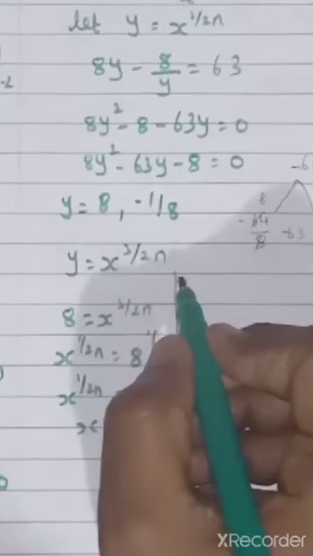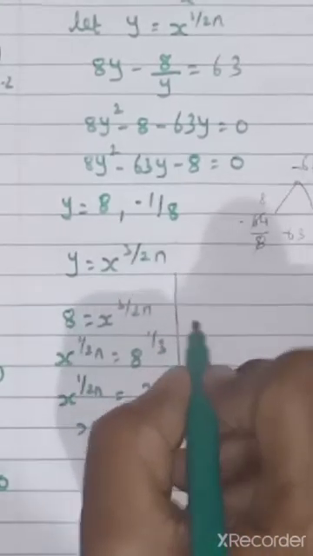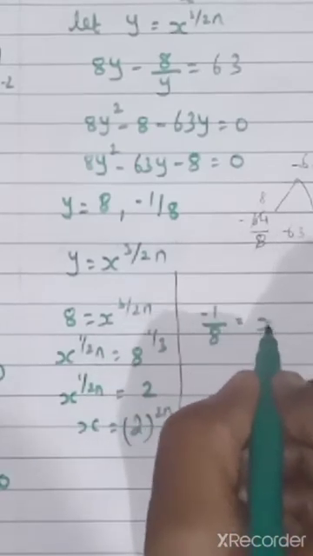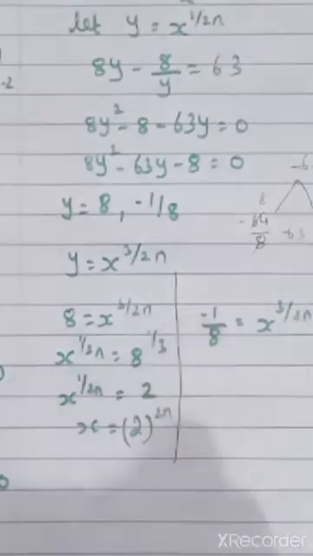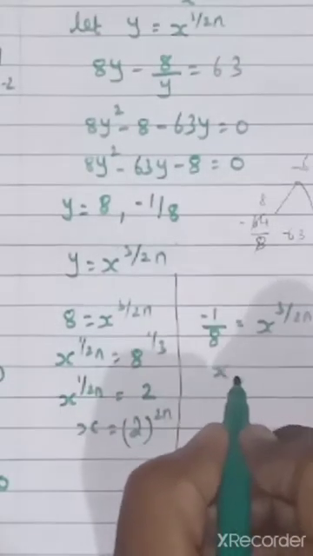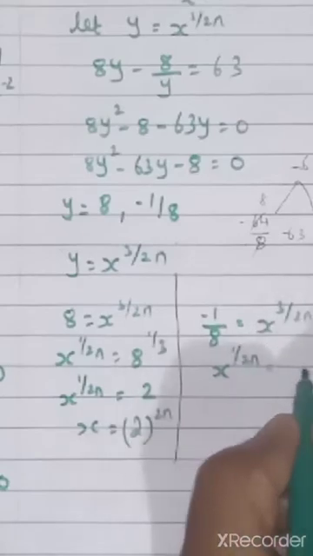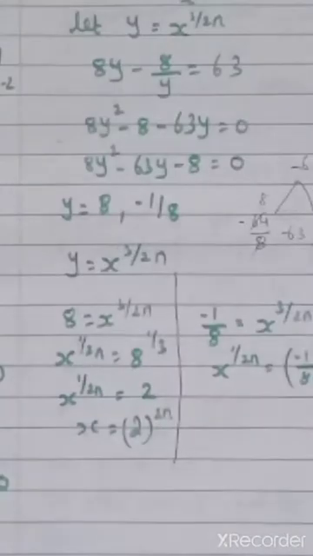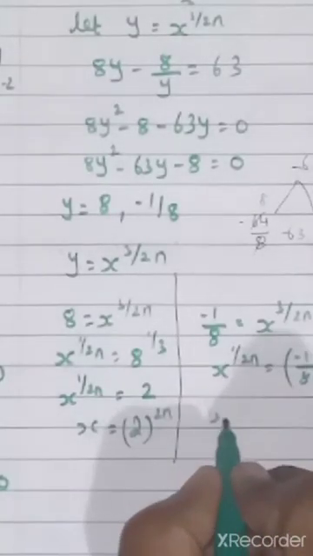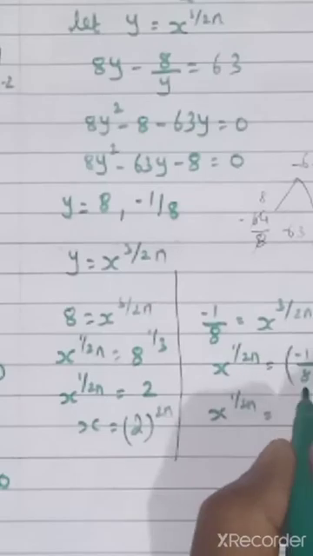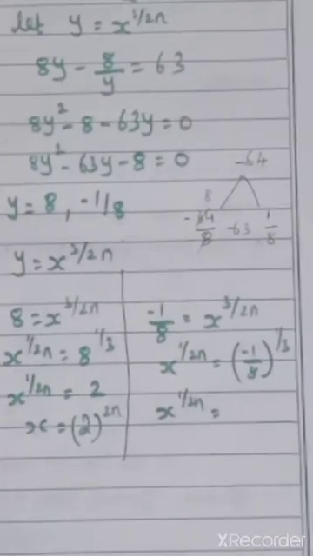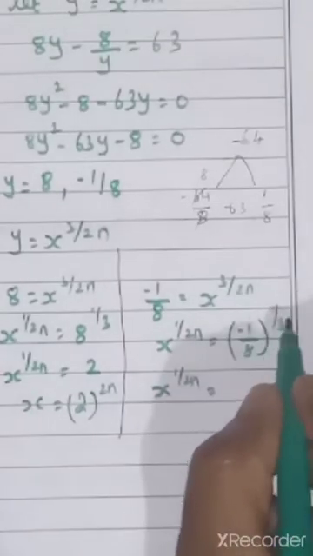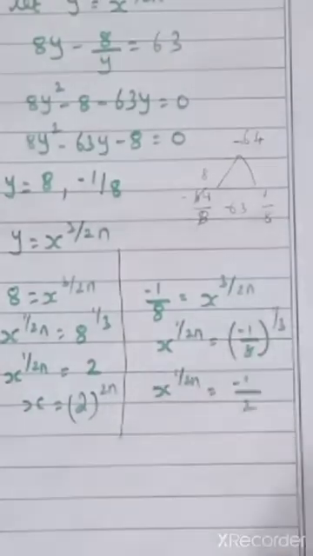So minus 1 by 8 equals x^(3/2n). Taking the 3 to the other side, x^(1/2n) equals (minus 1 by 8)^(1/3). Again, how can we write this 8? 2 twos are 4, 4 twos are 8, so 2 cube. So that 2 and this 3 will get cancelled. So the answer will be minus 1 by 2.